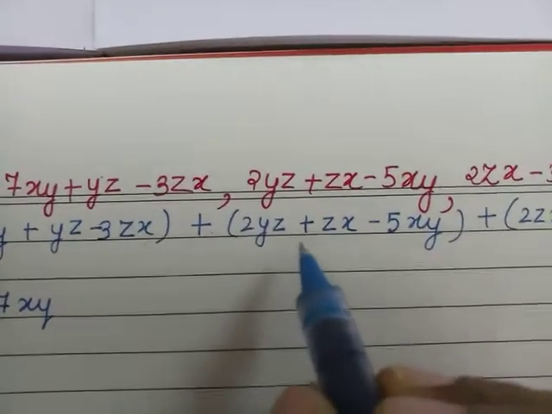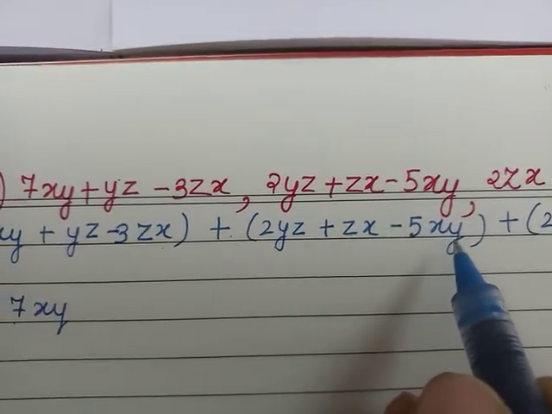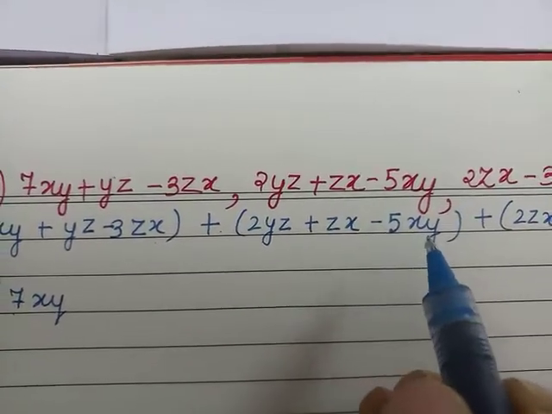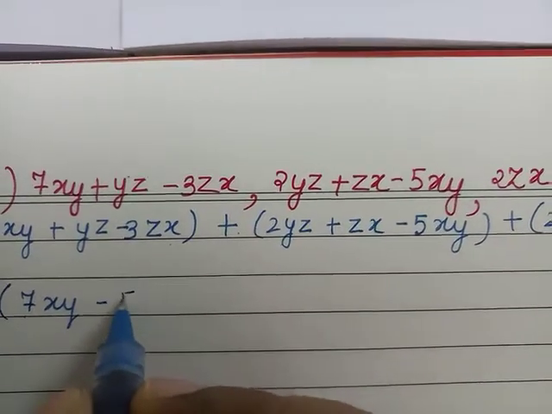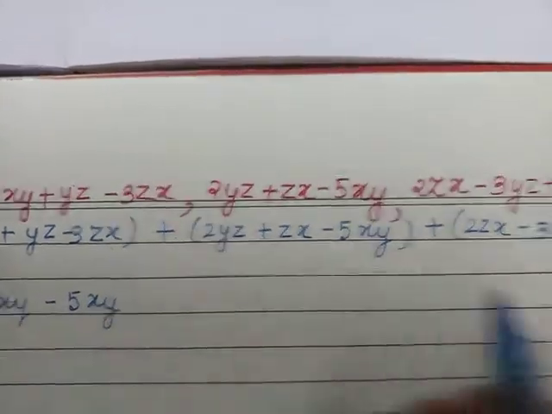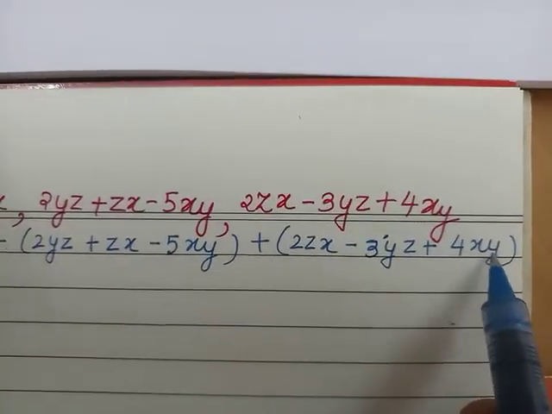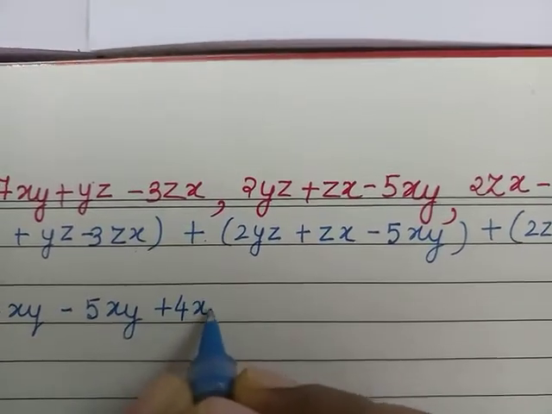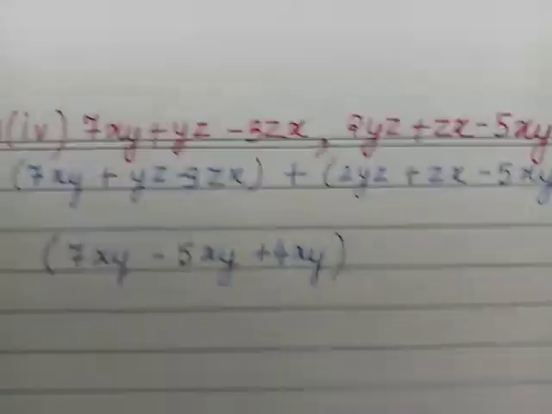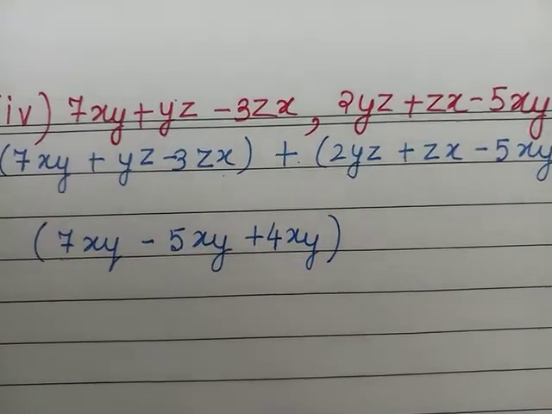In the second bracket, we have minus 5xy. As I told you, we are writing all the terms with the sign only. So I write minus 5xy here. In the last one, we have plus 4xy. So I write plus 4xy. This way I have kept all the xy terms in one bracket.